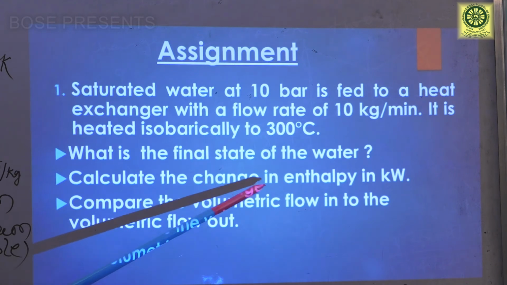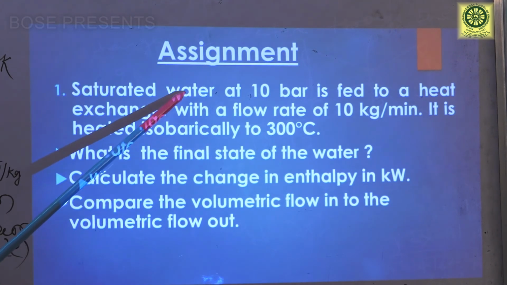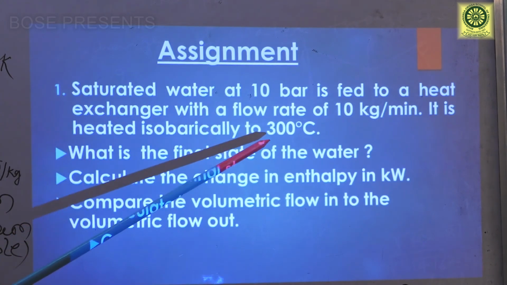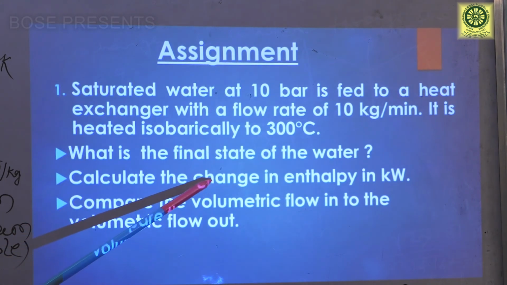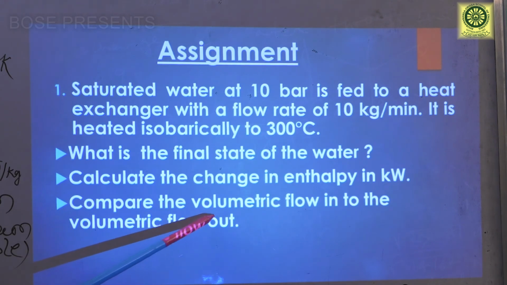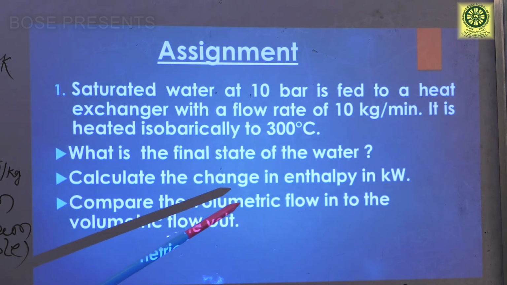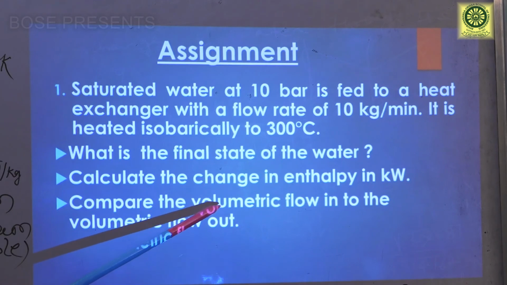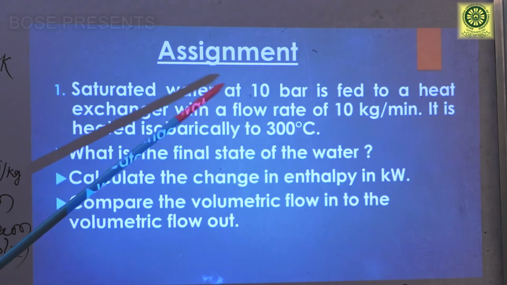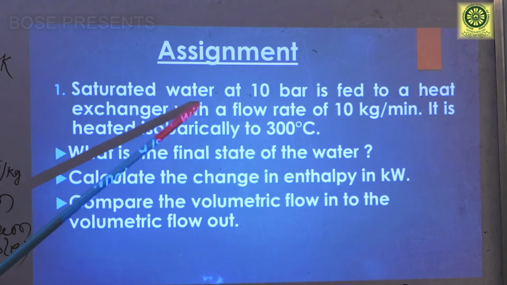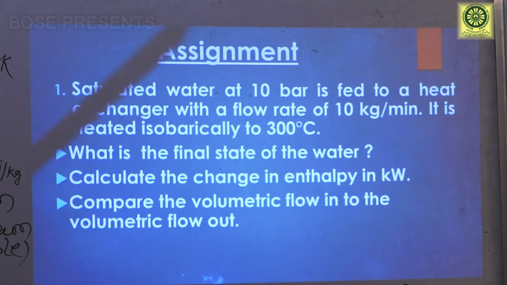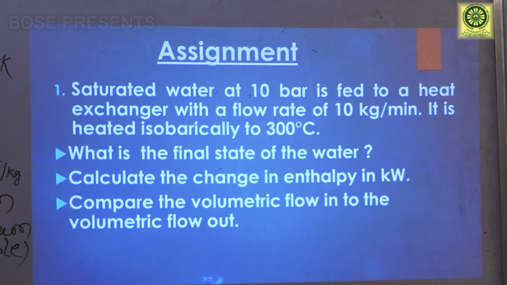Then calculate the enthalpy change: at 10 bar what is its enthalpy, then at 300 degrees centigrade what is its enthalpy, then find the difference. That will be your change. Similarly, for volumetric flow you are going to find the specific volume. At 10 bar pressure, what is the volume of the saturated water, and at 300 degrees centigrade what is its volume, and compare these two. Okay, try to solve this problem. Okay, thank you.